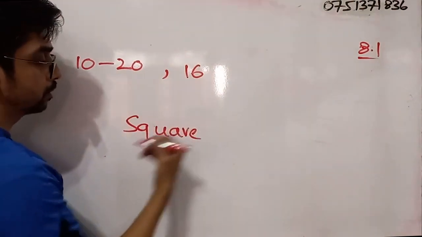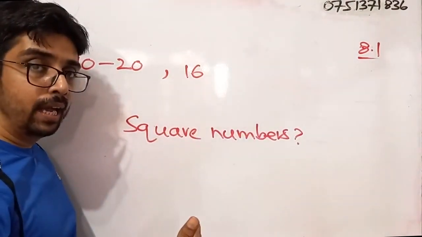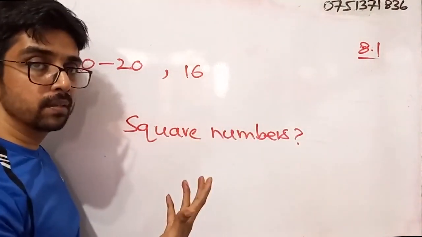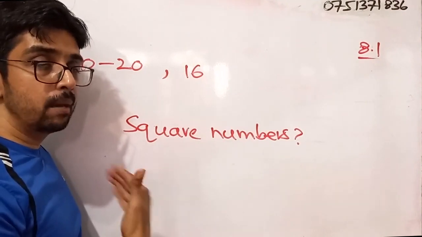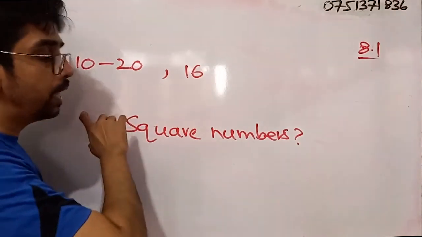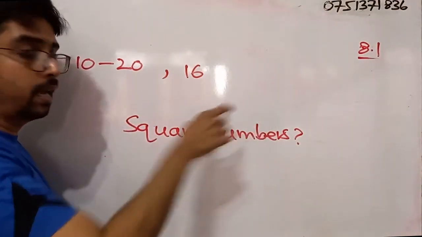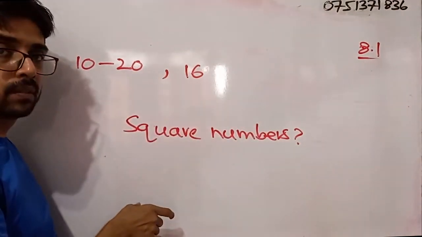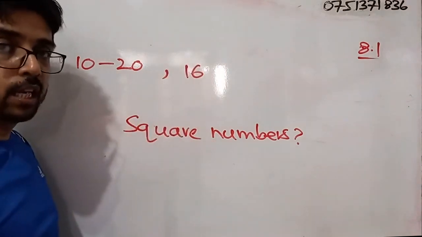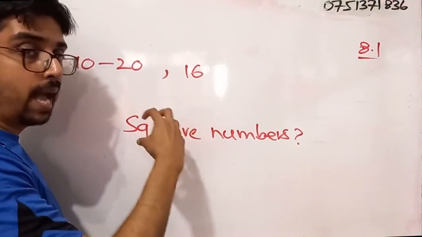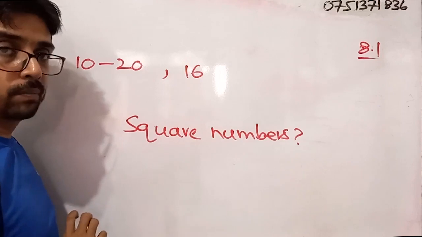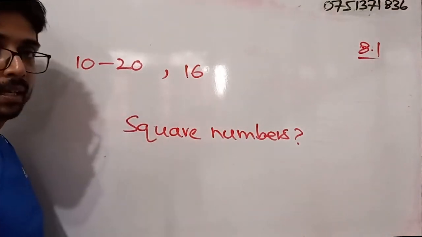Back in grade 6 and 7, when we talk about square numbers, what are square numbers? Numbers that we can represent using a square. That means there should be equal number of rows and equal number of columns. Right? So when we take the number 16, we can arrange it into a square which has equal number of rows and equal number of columns. So it should be the reason.